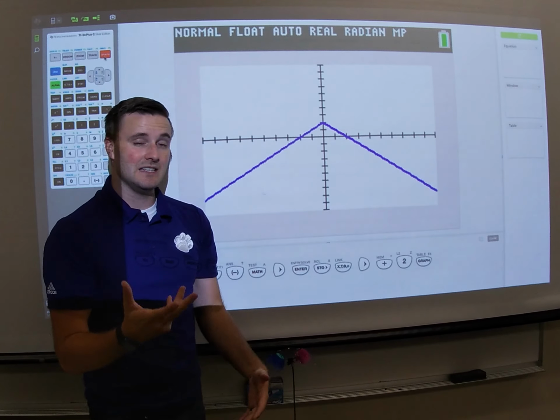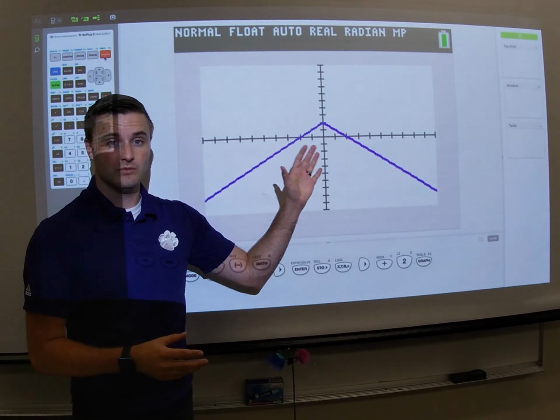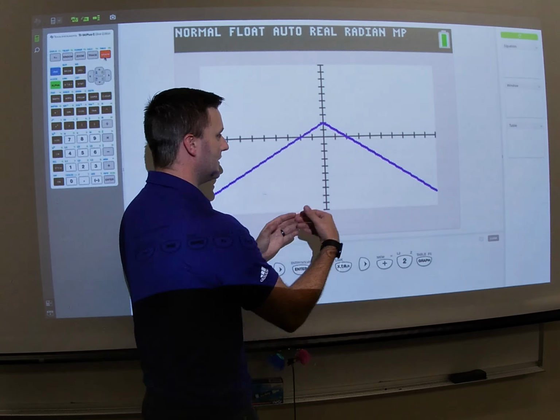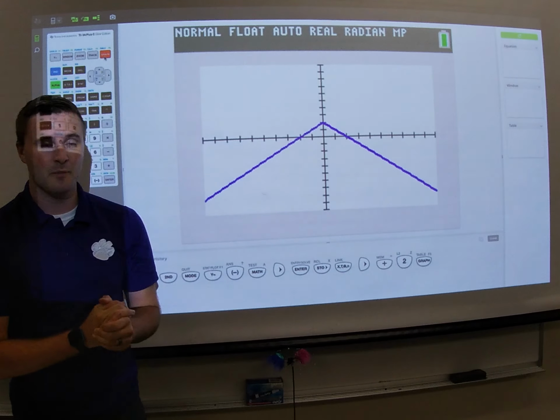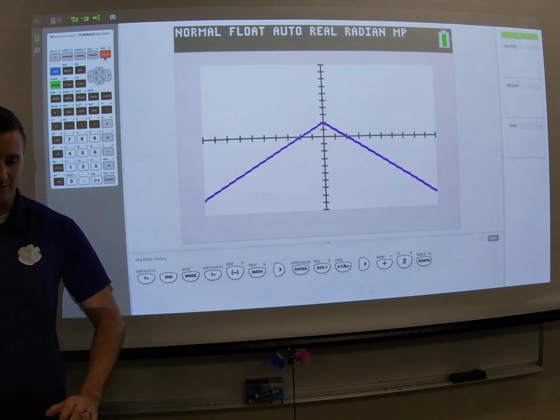So this is an even function. Now there's a way to do this algebraically, but this is a quick visual to see if it's symmetric about the y-axis, meaning I can fold it along that y-axis and the left side lands on the right side, then it is an even function. So in this case, this is an even function.